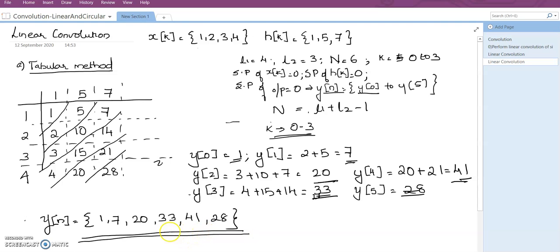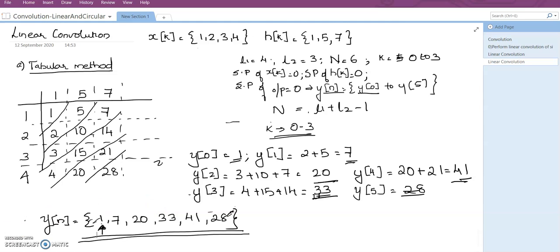Now if you look over here, as mentioned previously, your y of n would have 6 elements, and here you can see that there are 6 elements, each starting from 0. So basically you can note that the signal starts at this point where the 1 corresponds to the 0th element.